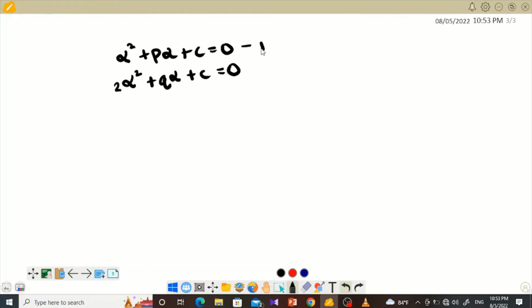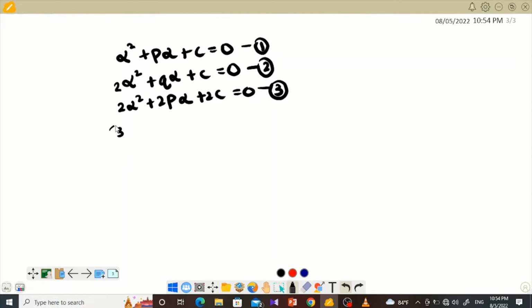First one is alpha squared plus p alpha plus c equals 0, and the second one is 2 alpha squared plus q alpha plus c equals 0. Now I am going to multiply the first equation by 2. Then I obtain 2 alpha squared plus 2p alpha plus 2c equals 0.